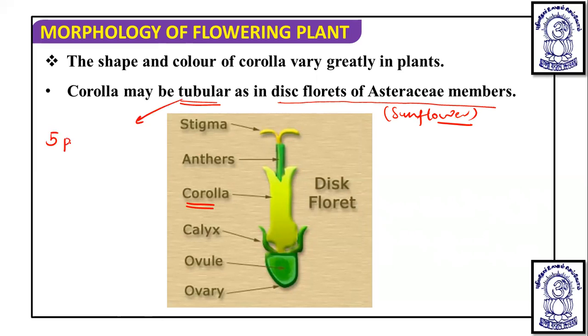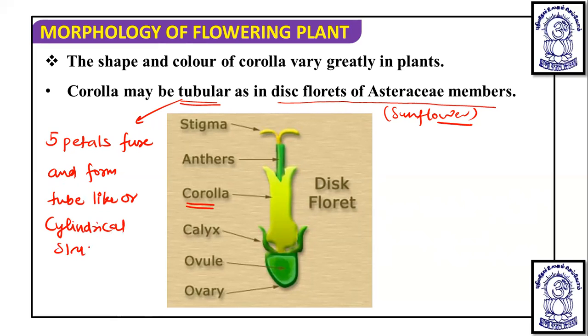The five petals fuse and form a tube-like or cylindrical structure. Okay, so that is the tubular one.